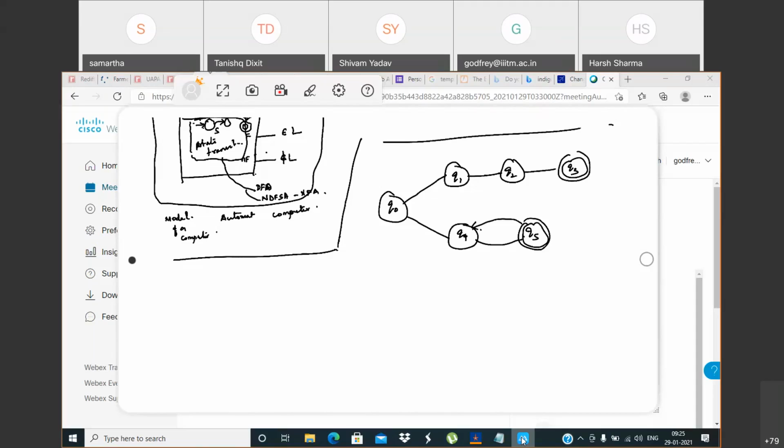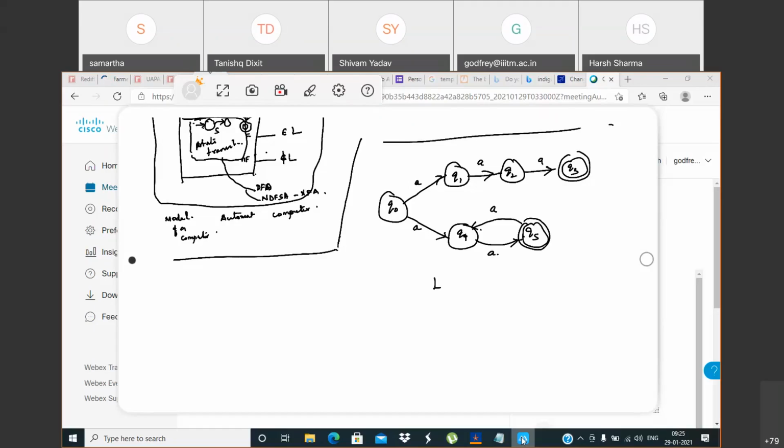So we have this. The transition is on the input. So now, what language is it going to specify?